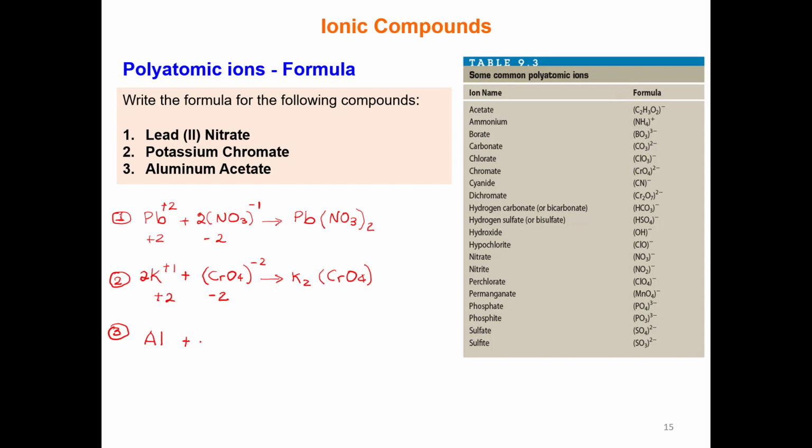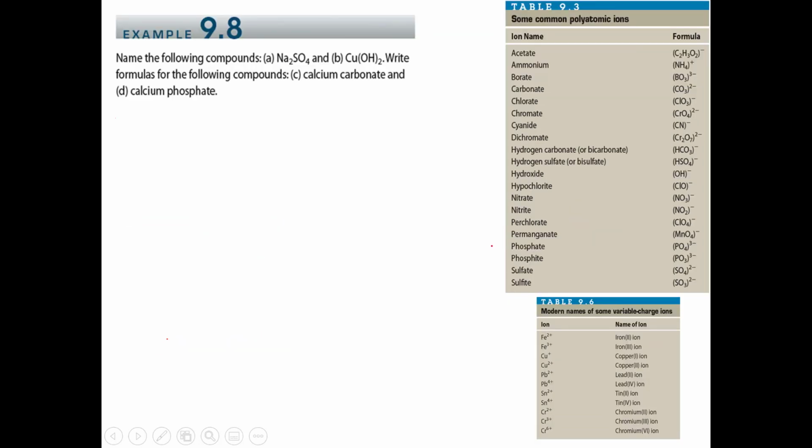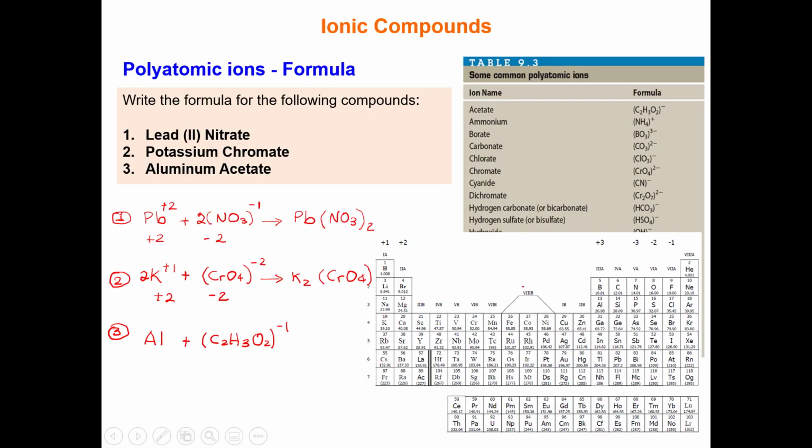And then we can write the formula for acetate, which will be -1. Now the next thing is we need to check what is the charge in the case of aluminum. Aluminum is in the third group, and this is why aluminum is +3.